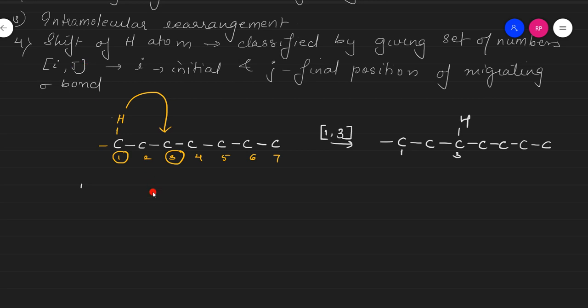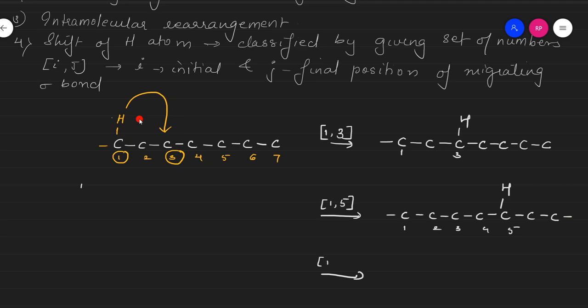Similarly, suppose I write here a 1-5 shift. What do you mean by a 1-5 shift? That means initially the group was present on the first position and now it has shifted to the fifth position. So from the first position, the hydrogen has shifted to the fifth position.